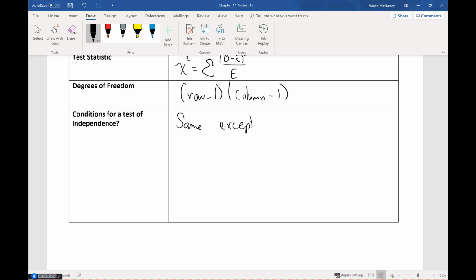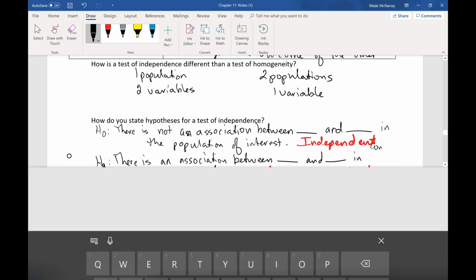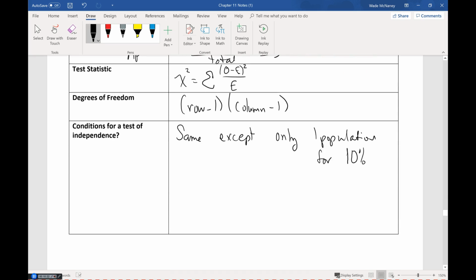We only have one population that we have to test the 10% condition with. We only have to test that 10% condition one time for a test on independence instead of all the populations for homogeneity.